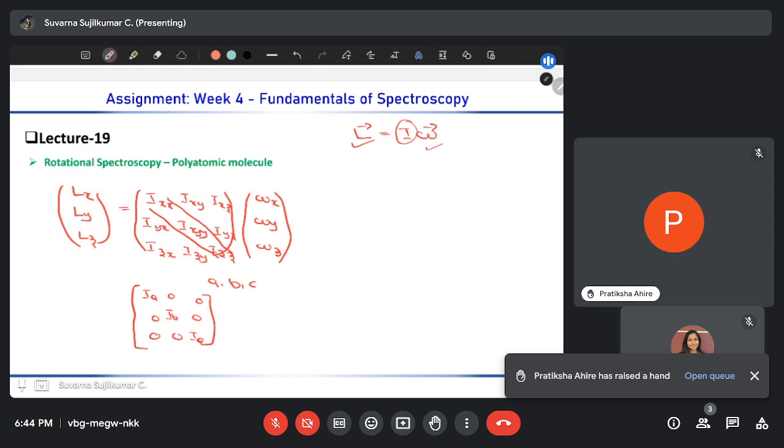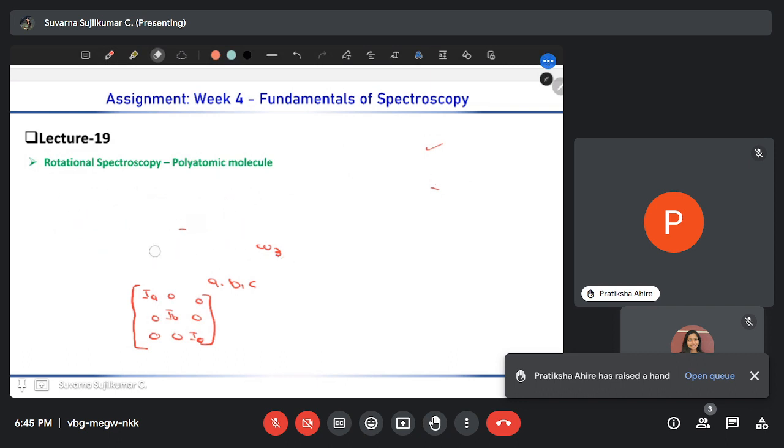So with respect to the principal axes of inertia, we have 3 principal moments of inertia, IA, IB, and IC. Among these, IA is the minimum value and IC will have the maximum value, right? So considering this, we have classified molecules into different tops or rotors.